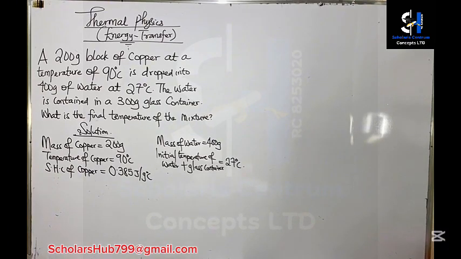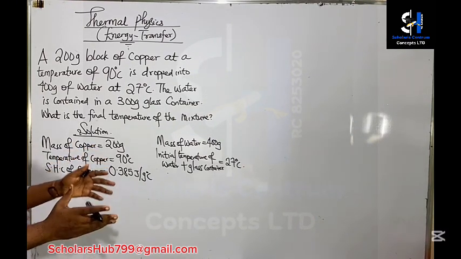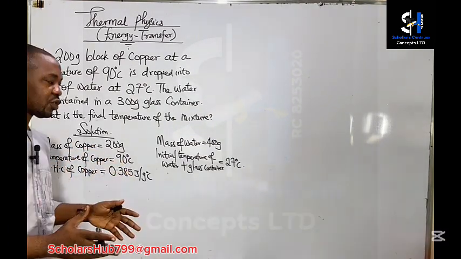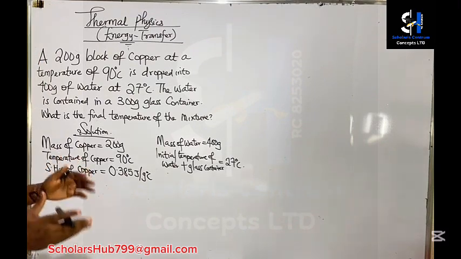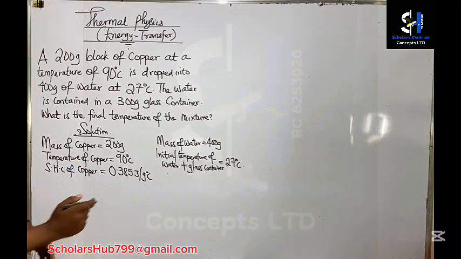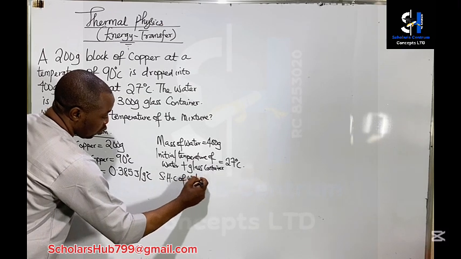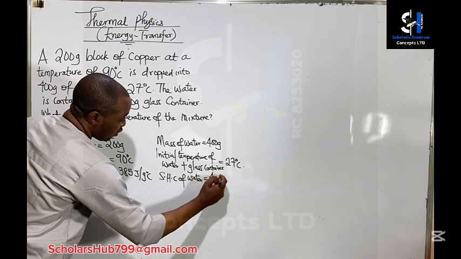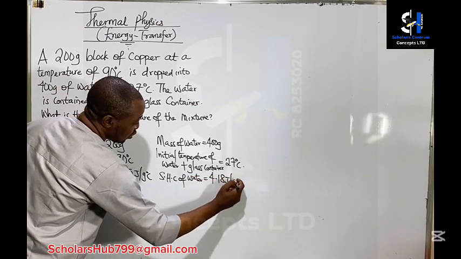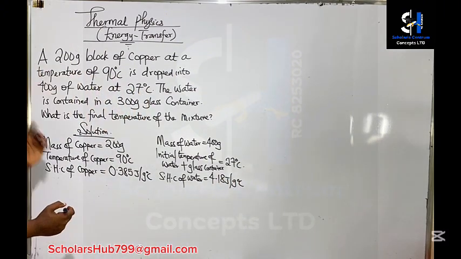We know that the specific heat capacity of water is 4.18 joules per gram per degree Celsius.